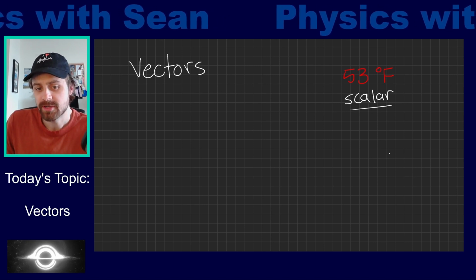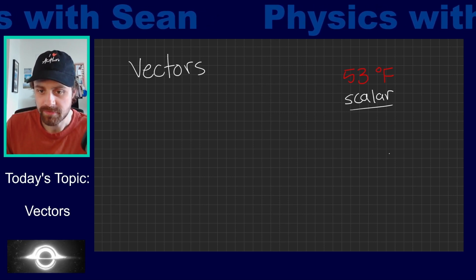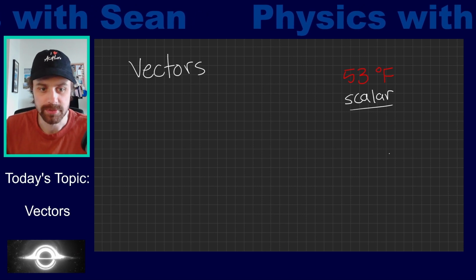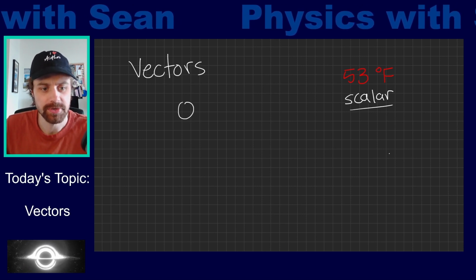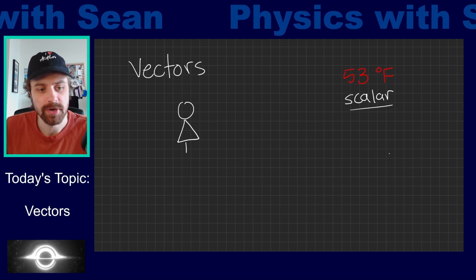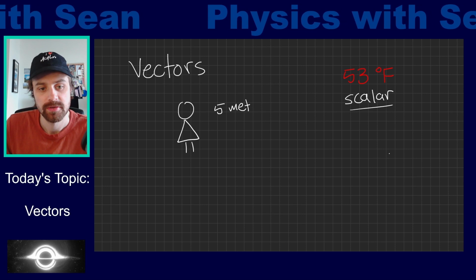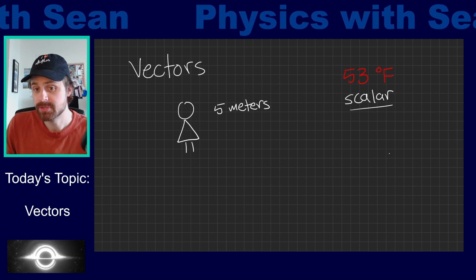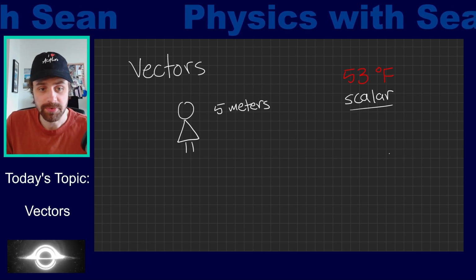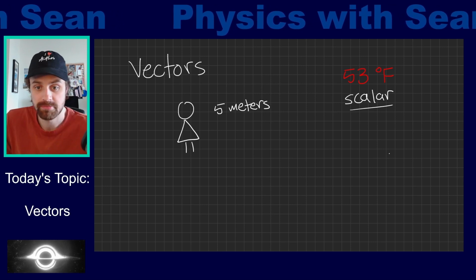This is different from a vector in one very specific way, and I'll use a different example. Let's say we have someone, and we say that she walks 5 meters. Similar to the temperature example, we have a number and a unit, and that's sort of it.